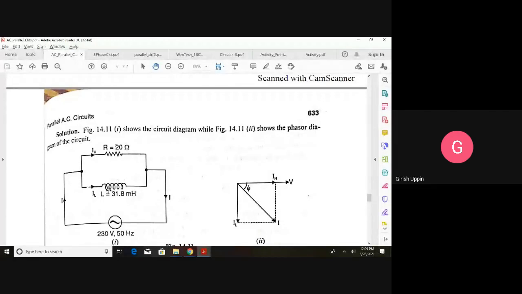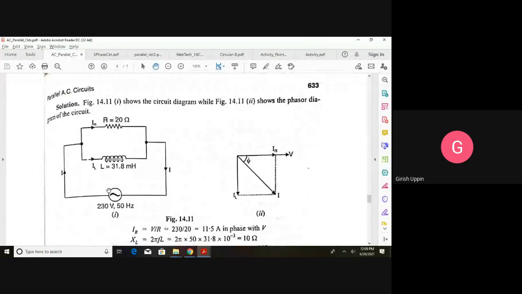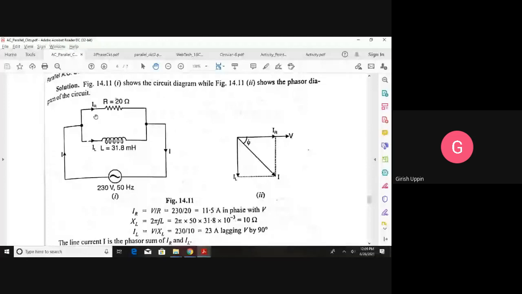Now, the same voltage is applied across both the components. The voltage across R, that is V, and IR would be in phase. So if I draw the voltage on the x-axis, the IR current would be on the same axis.